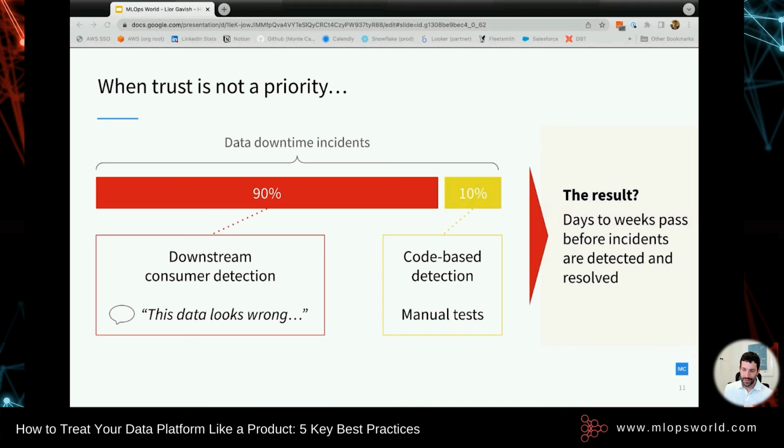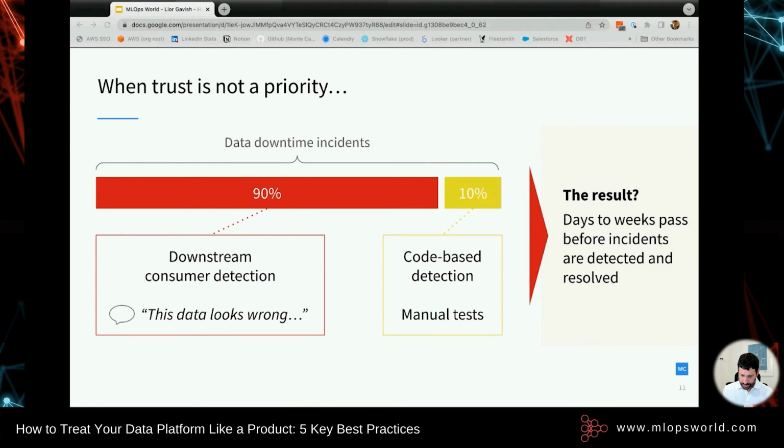Or a customer might use your product and it will look broken because the underlying data was wrong. And then maybe sometimes, if you're lucky, you're able to catch certain data issues if you've written some tests in your data pipelines to catch the obvious problems, right?